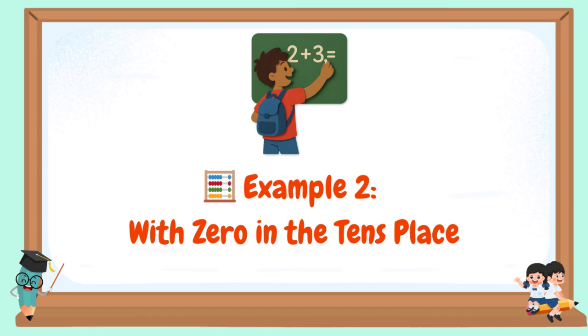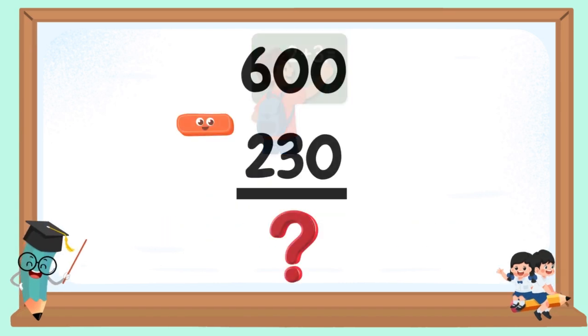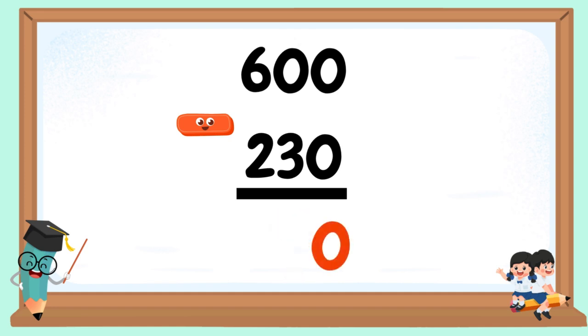Example 2. With 0 in the tens place. 600 minus 230. 0 minus 0 is equal to 0. 0 minus 3 cannot be.